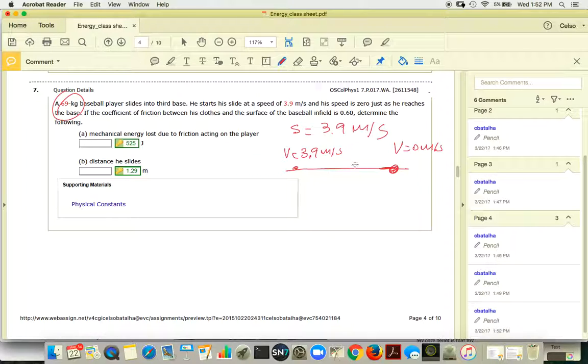Okay, got it. The coefficient of friction between his clothes and the surface of the base is given. Determine the mechanical energy loss during friction.